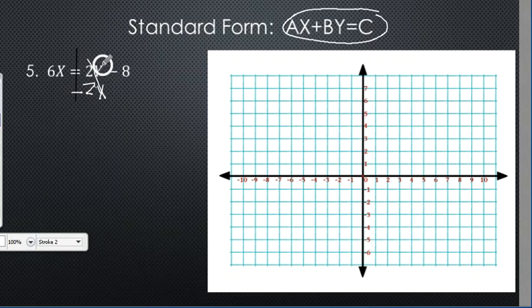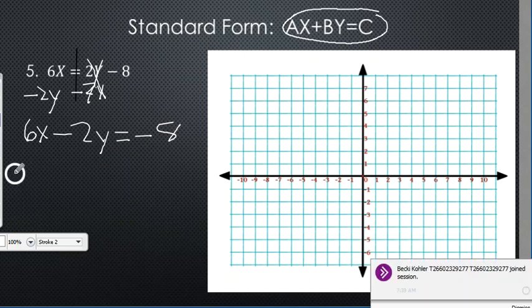That's going to eliminate this term from the right side, and then whatever you do on one side, you have to do the exact same thing on the other side. So we subtract 2y from the other side, which leaves us with 6 times x minus 2 times y equals negative 8. Okay?